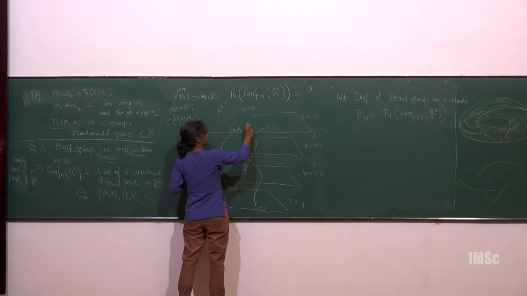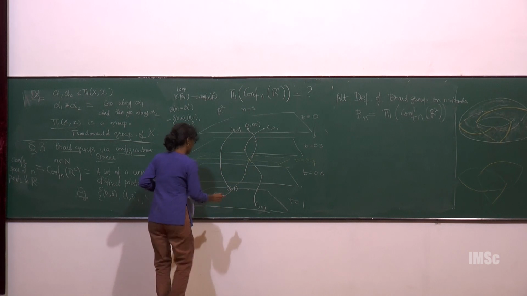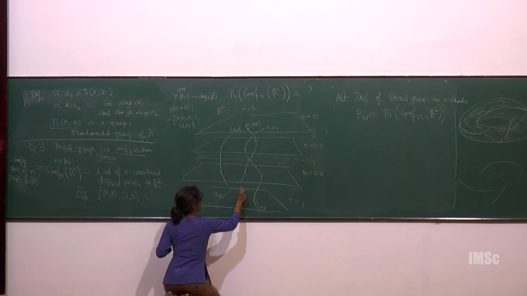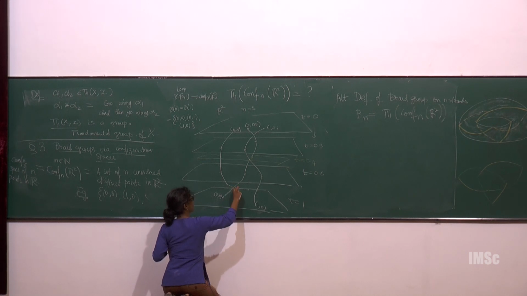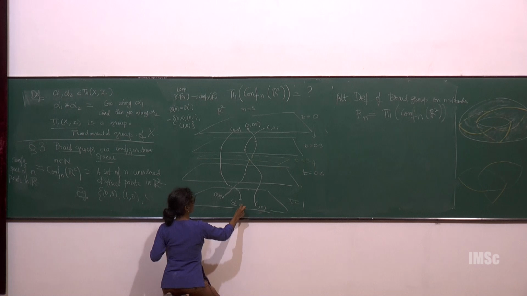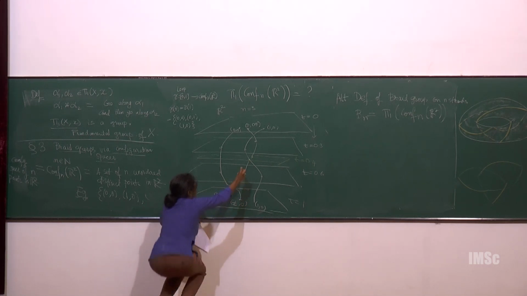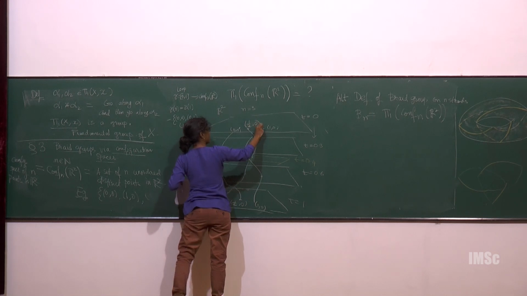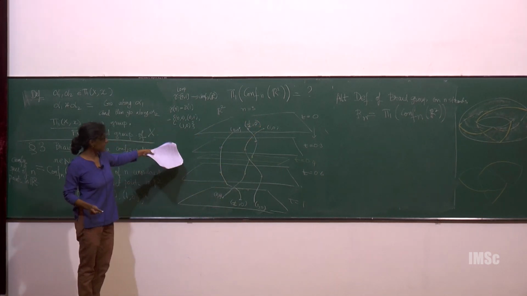Let me make this 0, 0.5. And they will end up in half comma, sorry, I wanted to say half comma 0. So now this is looking exactly like a braid.